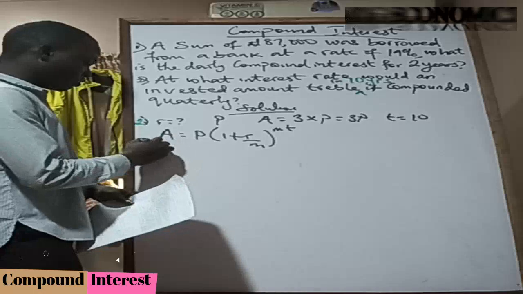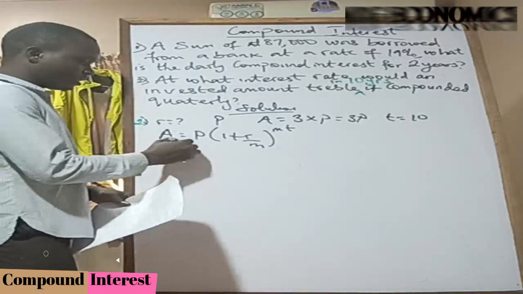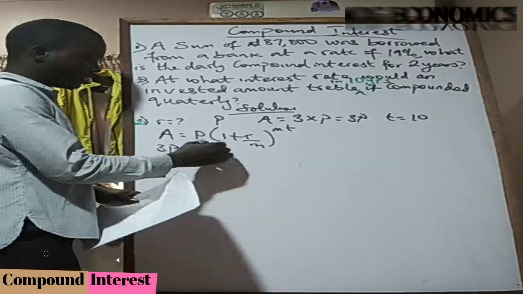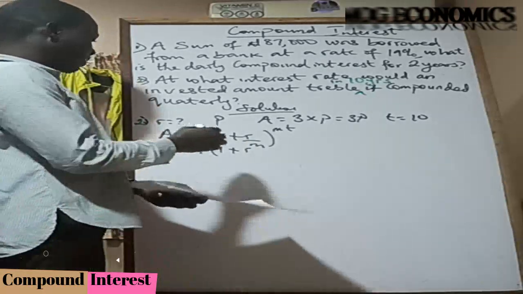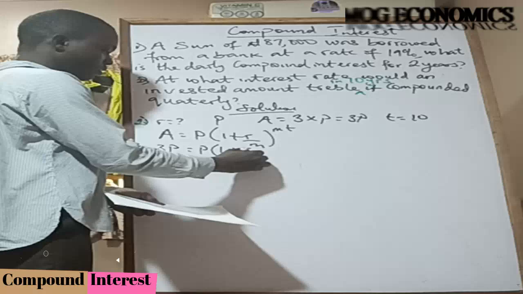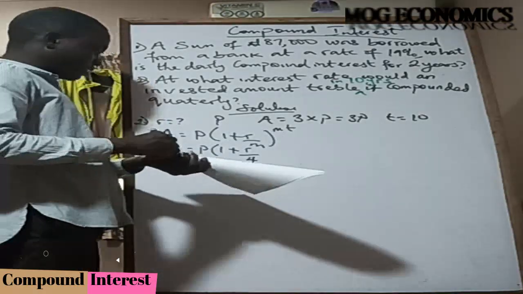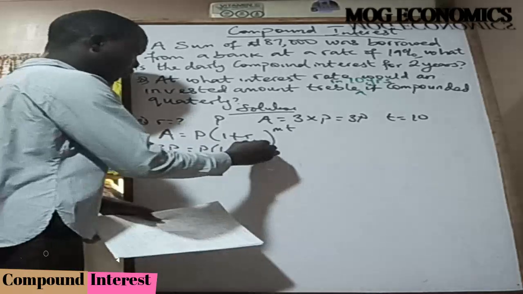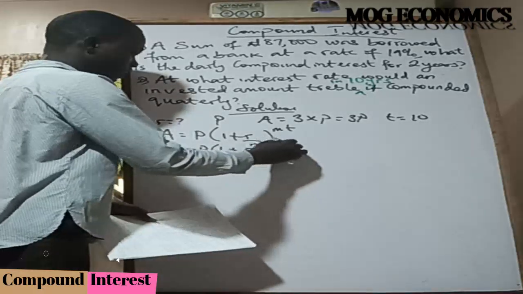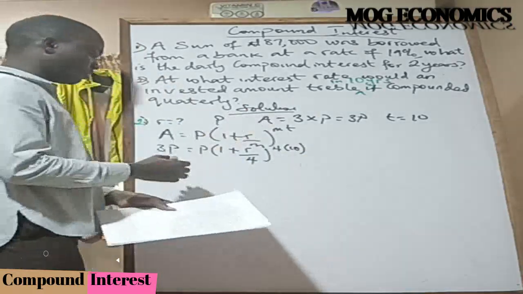So A is going to be 3P equals P times 1 plus R over M. Do we have M? M is 4, because that's quarterly, 4 times, raised to power 4 times 10, the formula MT.